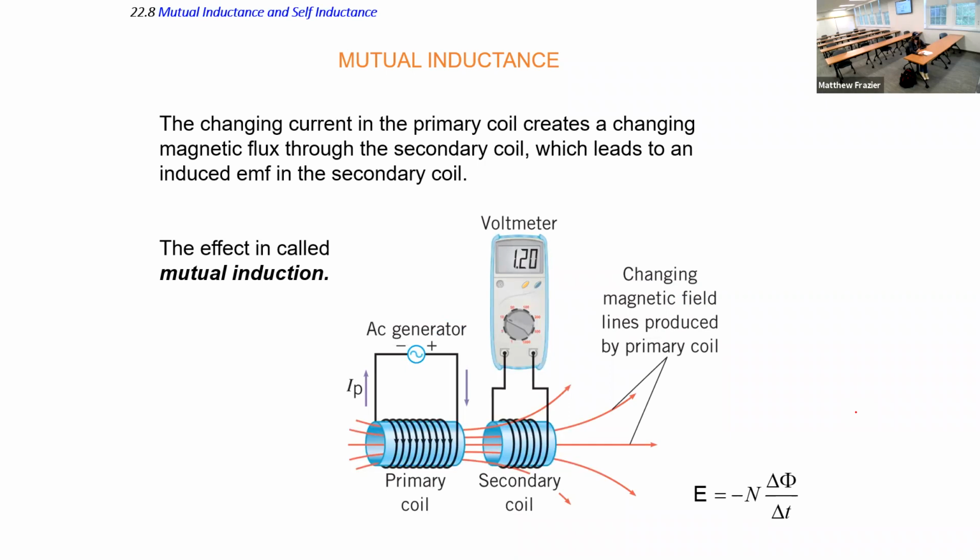Mutual inductance, yay. The idea is if one coil causes a magnetic field, another coil can sense it and be affected by it. And so you can come up with a direct relation between what causes the magnetic field, which is an AC current or a pulsed current, and the effect that you see from Faraday's law and Lenz's law in the second coil.